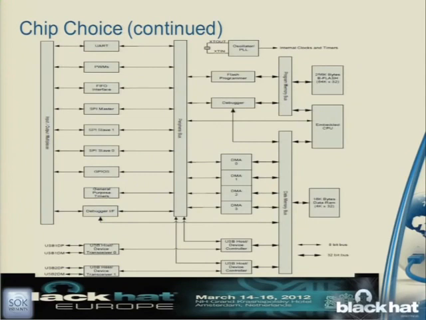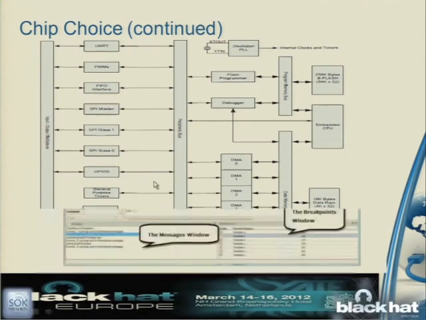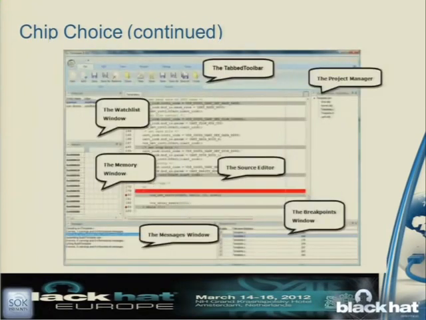Basic block diagram. It's probably a little hard to read. You've got your microcontroller over here, and you've got your peripheral buses, your data buses, and your USB host controllers, etc. Here's a screenshot of their IDE.